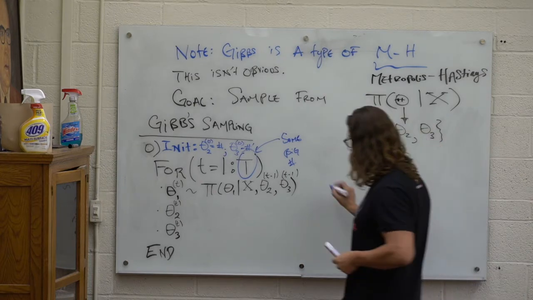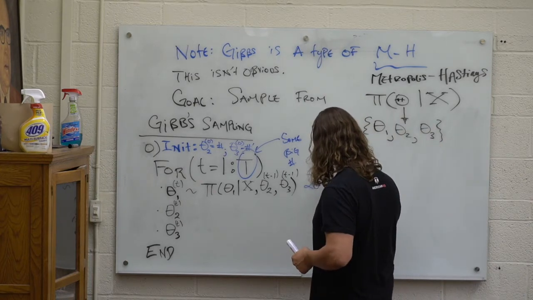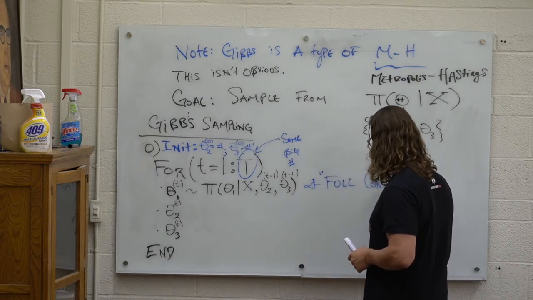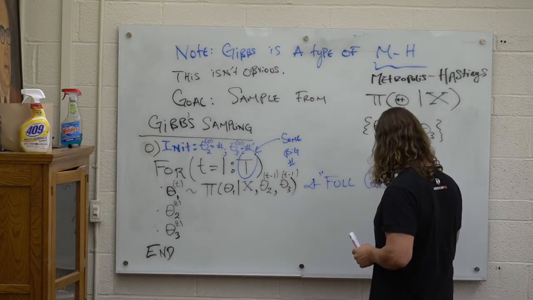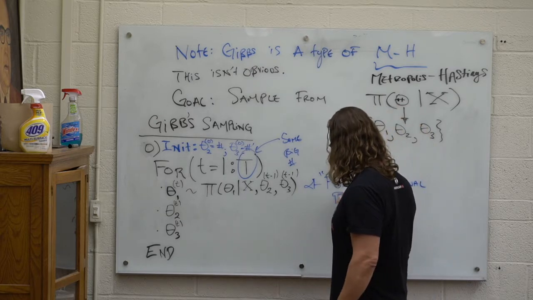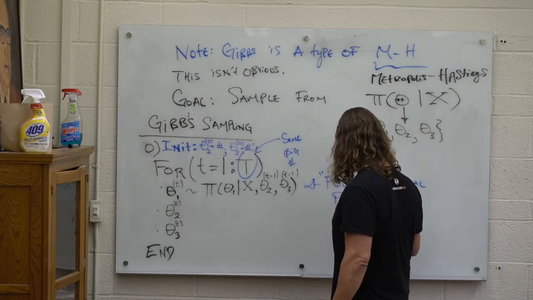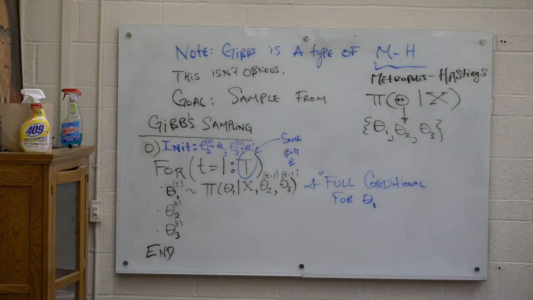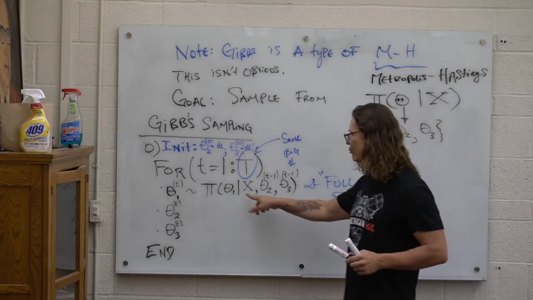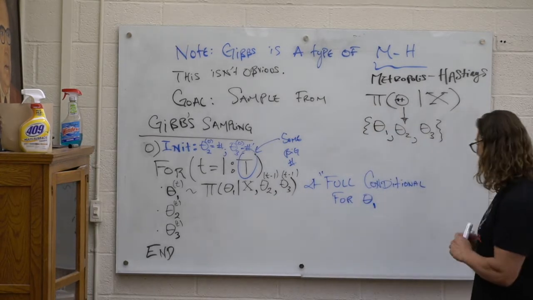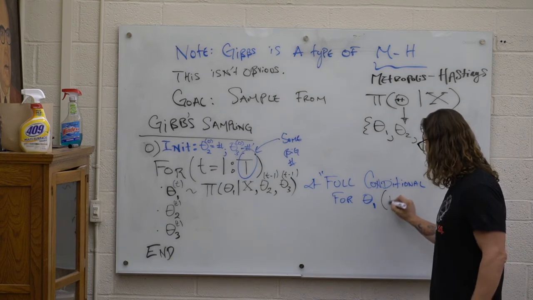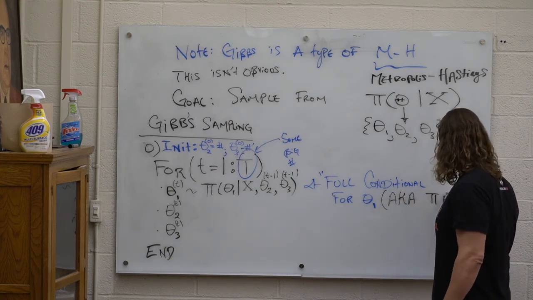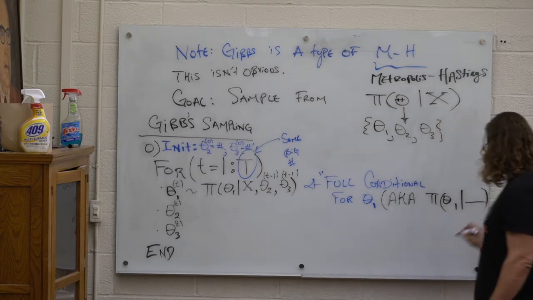So this right here is the full conditional. This is a word that we've seen before. Now we're going to start using this word for theta 1. Very typically, people will give you some notation for this. They'll get tired of writing all this out. And so in papers, it's very common to see this written, aka pi theta 1 given bar.